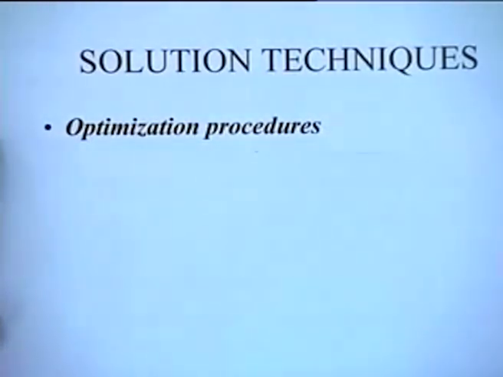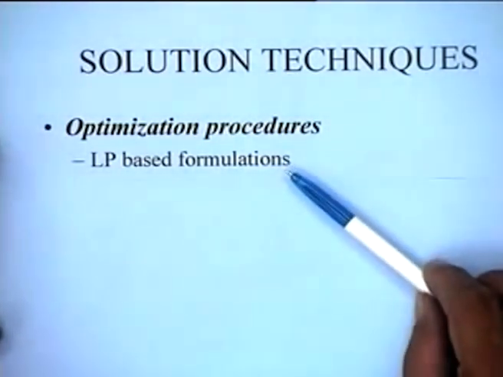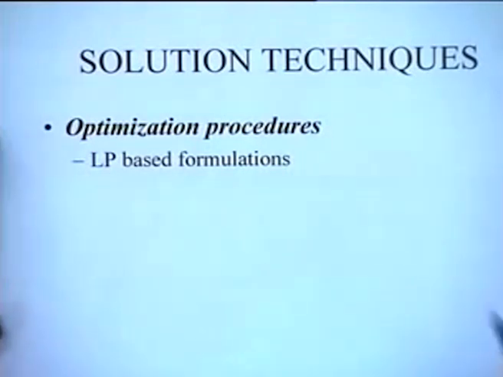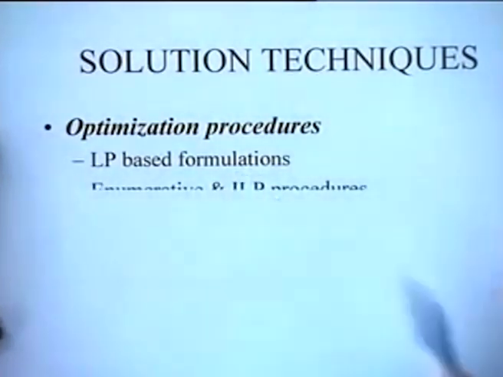Some typical examples of these are generally LP based formulations in which constraints are imposed saying that the precedence restrictions are met, and that the resource availabilities are not violated in each period. So, constraints are written for these individual requirements, and then the formulation is solved.